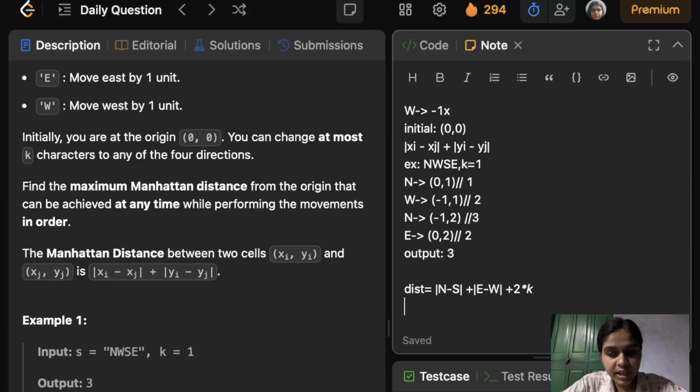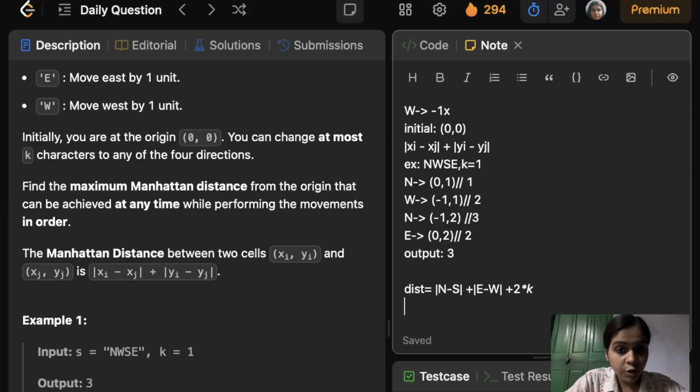We can also look into another part: if we are at step 0 and we are moving to some step like n, s, e or w, whatever be the number of steps, it will be the index plus 1 only.